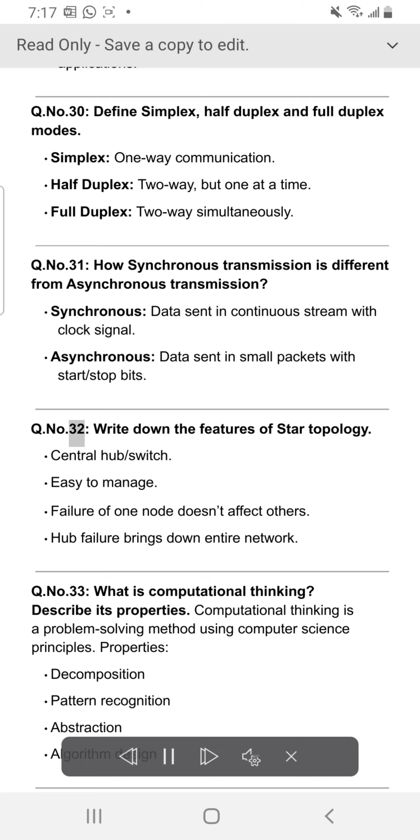Number 32, write down the features of star topology. Central hub/switch.